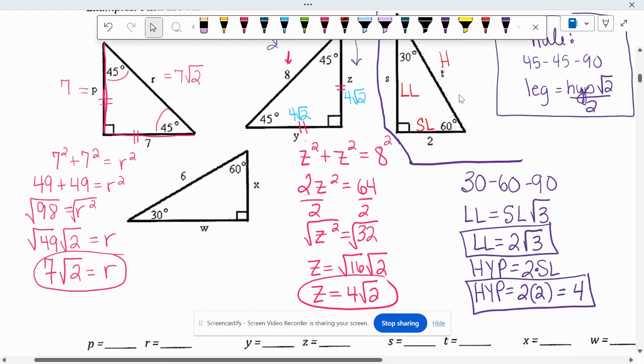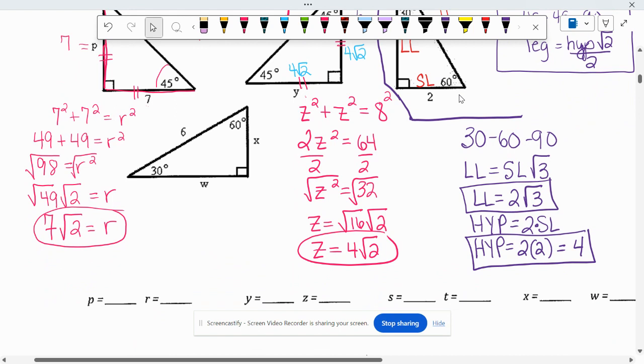We have one more 30, 60, 90 right triangle, and it's this one right here. And this tells us that the hypotenuse is 6. We need to figure out what the long leg and the short leg are. Trey, what did you discover about the hypotenuse and the short leg? How are they related?